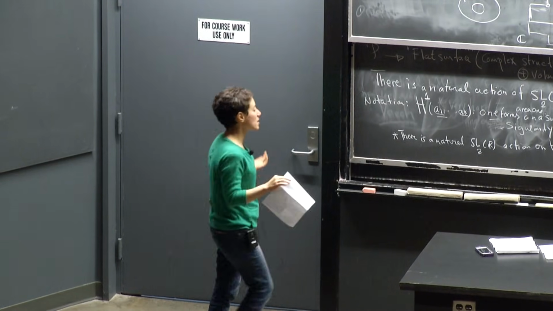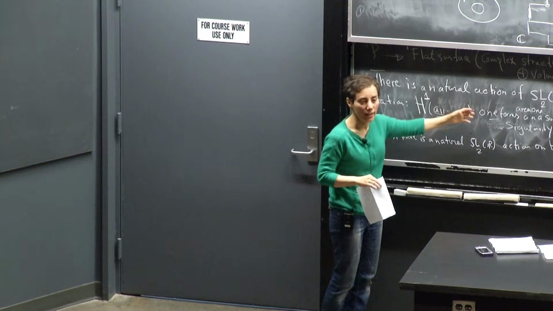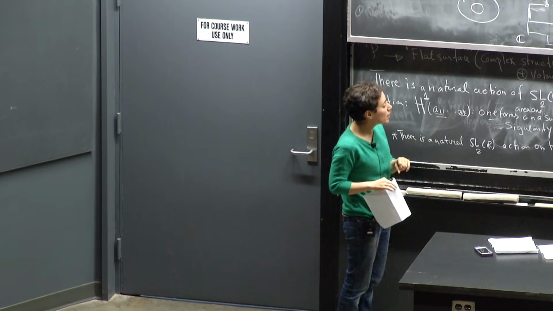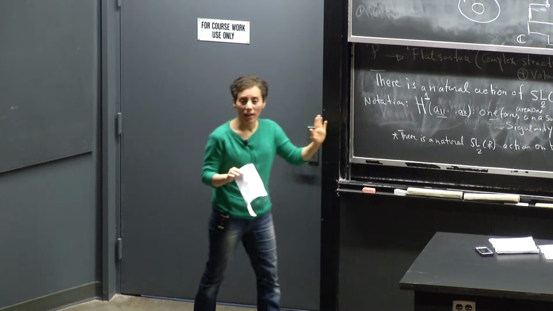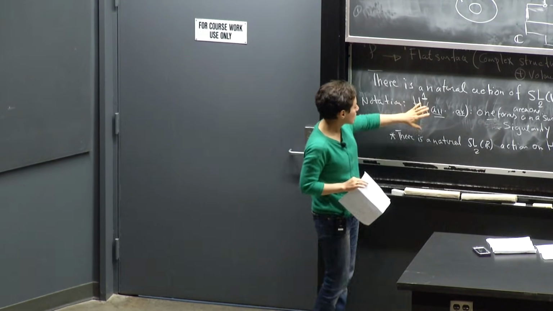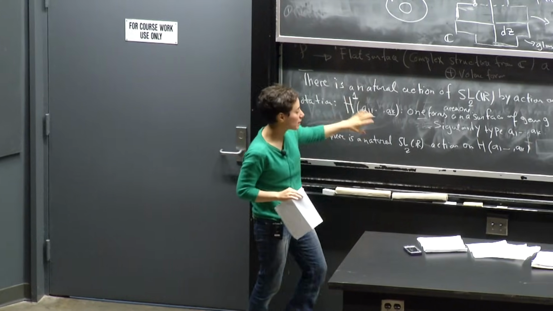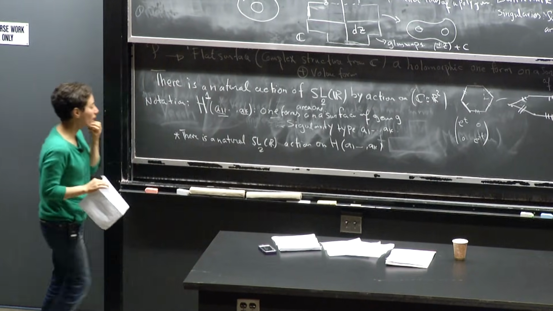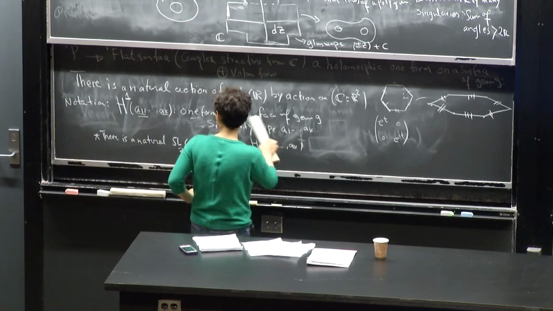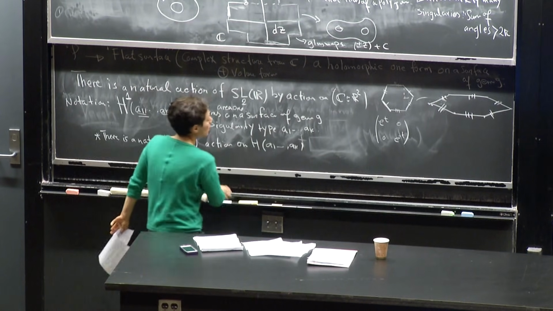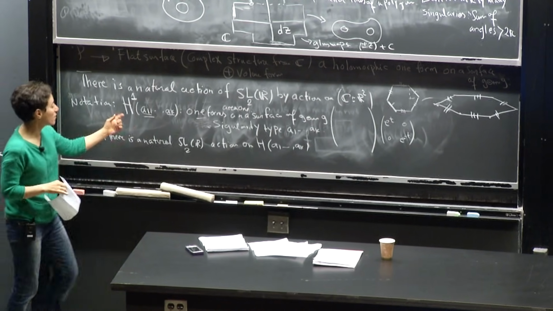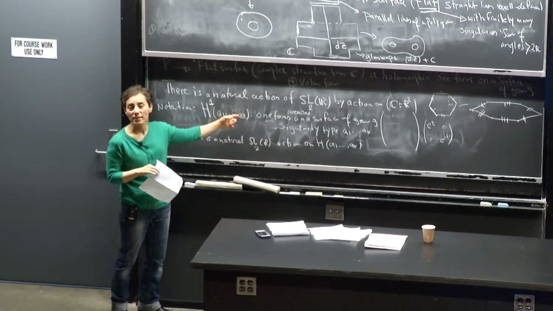So it makes sense, instead of looking at all of them, to stratify them and look at the set of forms with given singularity types, and hope that this is a connected space in terms of the SL2R action. But even if you add this data of A1 to AK, this is a very mysterious space as a topological space.